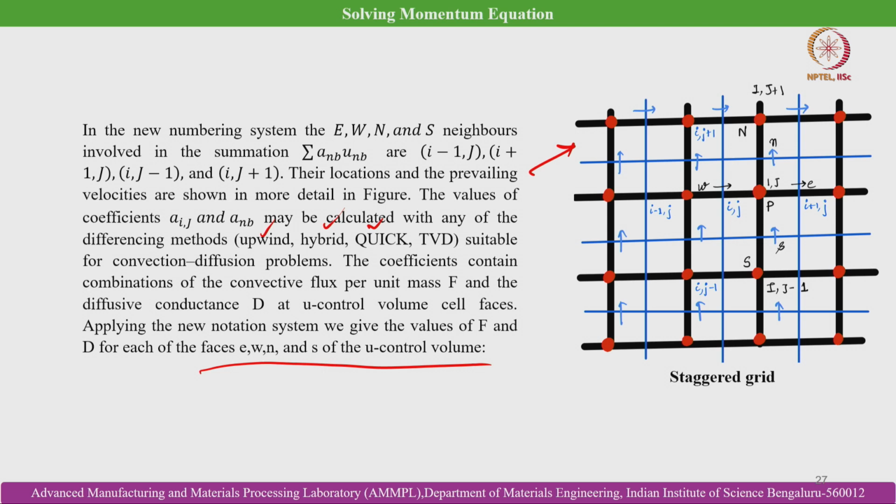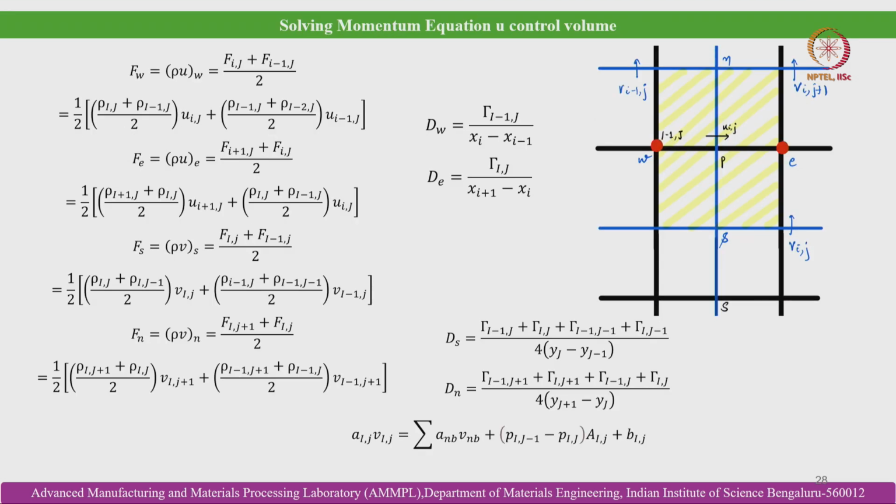So now, if we focus our attention on the u control volume, F_w, that is the west face mass flux, is equal to rho u_w, which is F_iJ, that is F_iJ plus F_I-1,J.